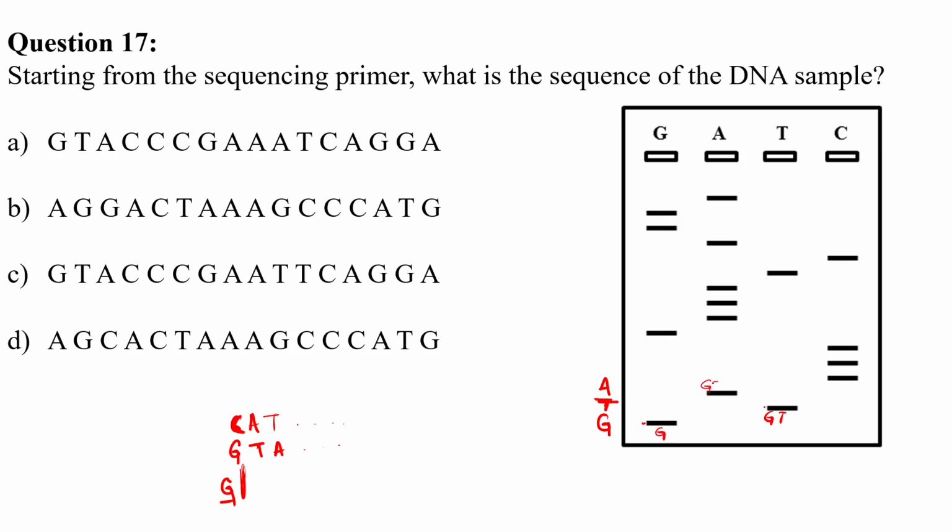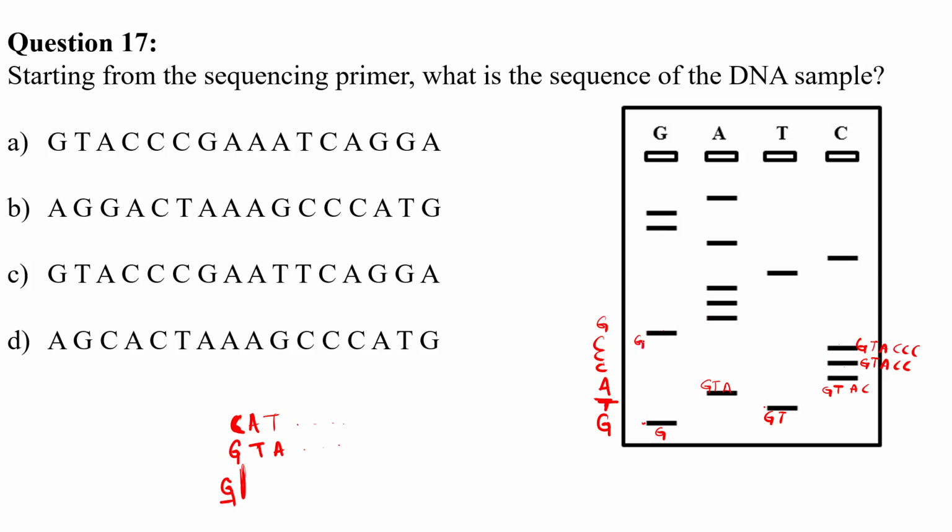Then this fragment is GTA. Then next is C, and again C, and again C, 3 times C. So this fragment is GTAC, then GTACC, then GTACCC.